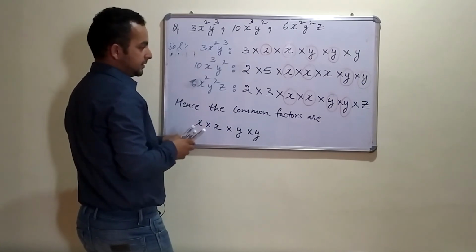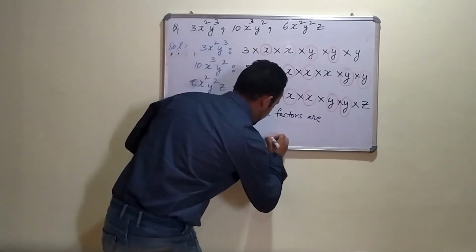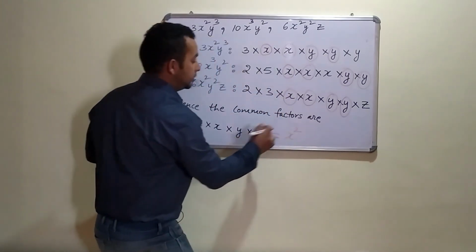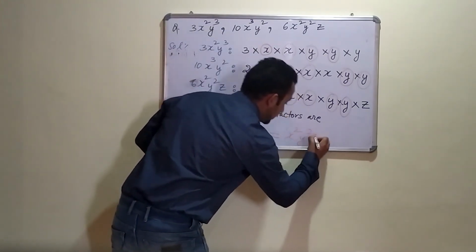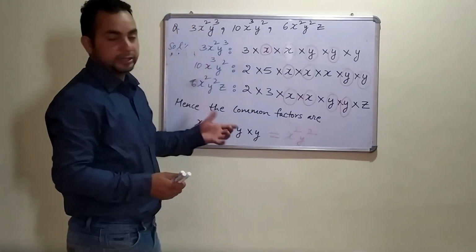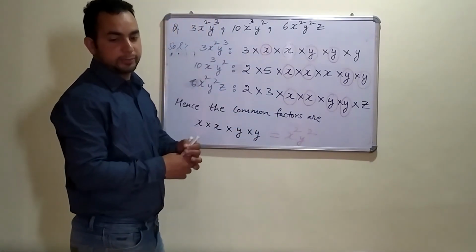So you can write it as x square and y square. So x square y square is your common factor of these algebraic expressions.